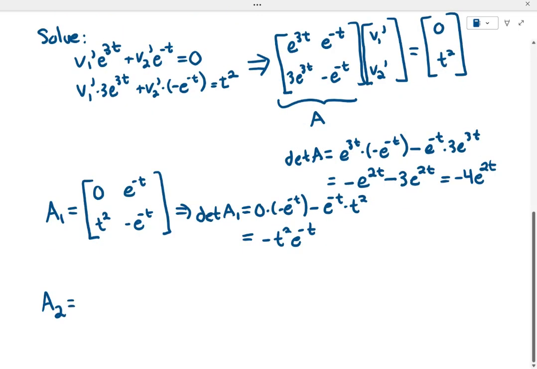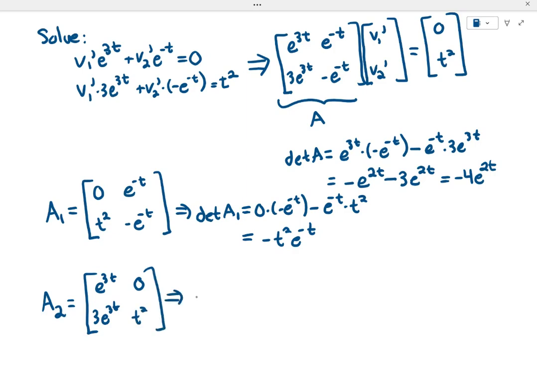A2, the matrix we get from replacing the second column of A with the column vector 0, t squared, is e to the 3t, 0, 3e to the 3t, t squared, and its determinant is e to the 3t times t squared minus 0 times 3e to the 3t, which equals t squared e to the 3t.